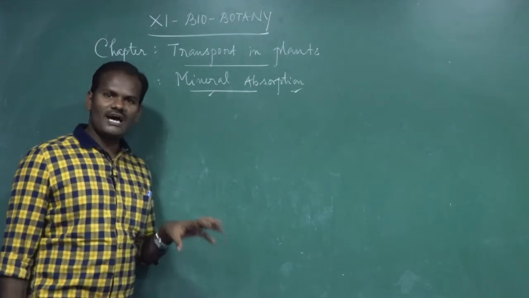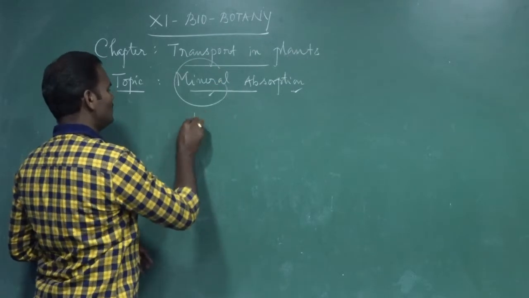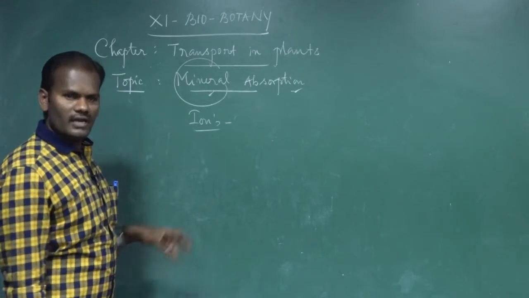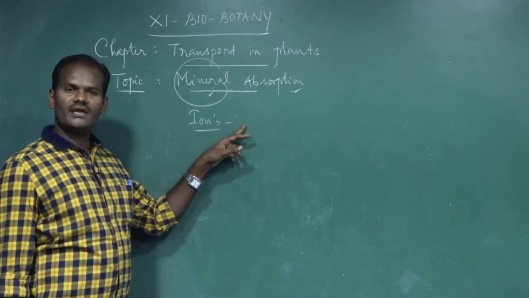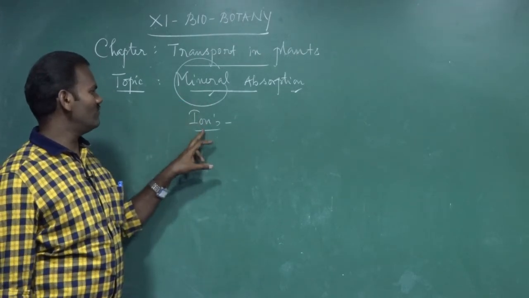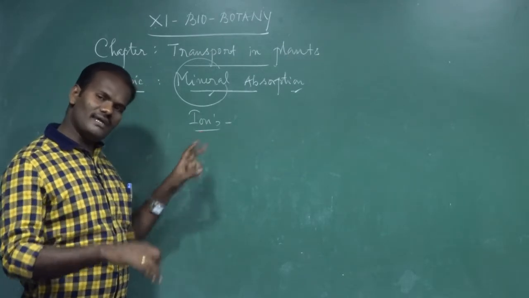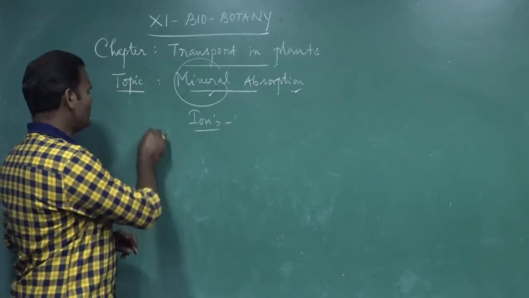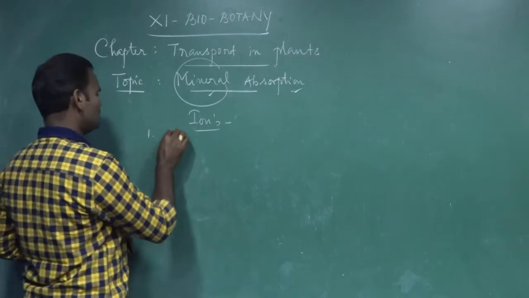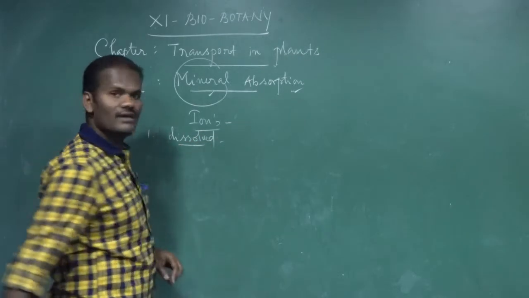See, plants absorb minerals in the ionic state, as ions, either positively charged ions or negatively charged ions. So plants absorb minerals in the form of ions. These ions exist in the soil in two forms. One is dissolved, in the form of soil solution.